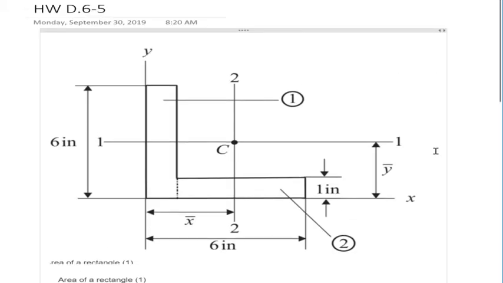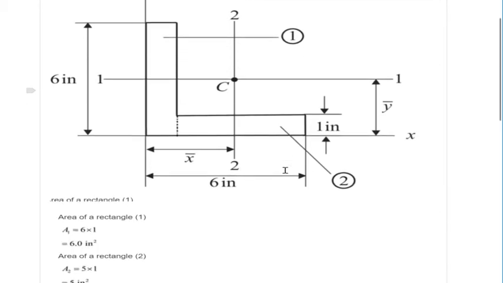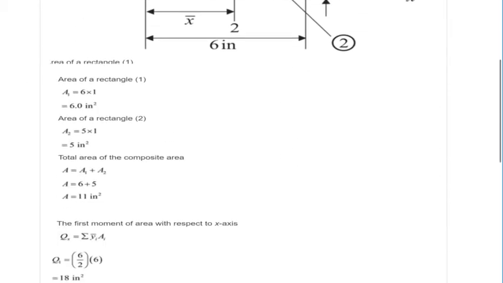Okay, so let's go to the shape. Axis 1 and axis 2 is this. Okay, so axis 1.